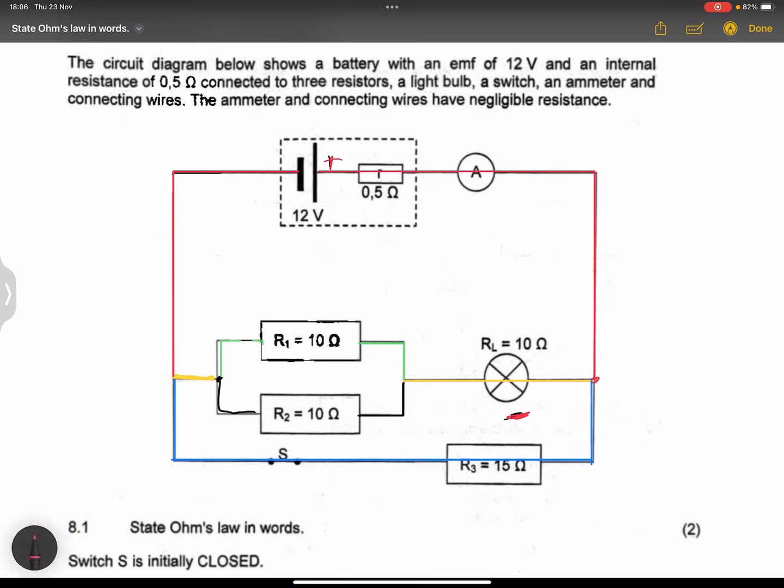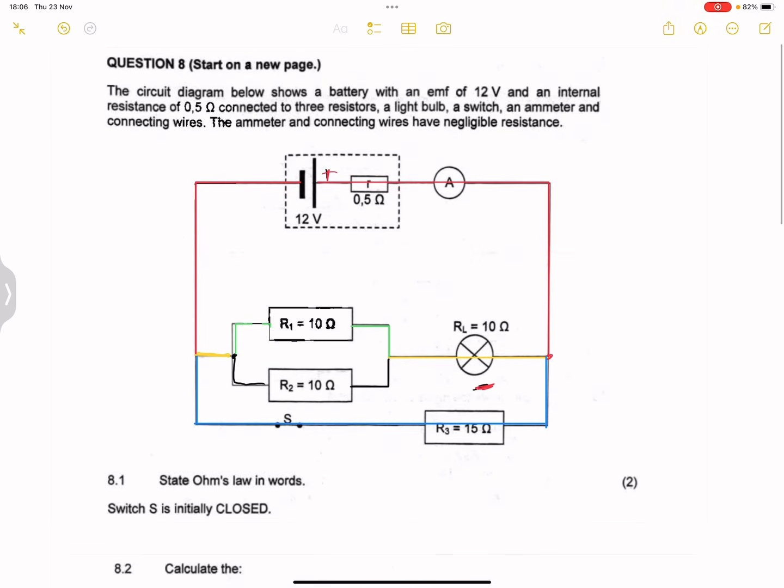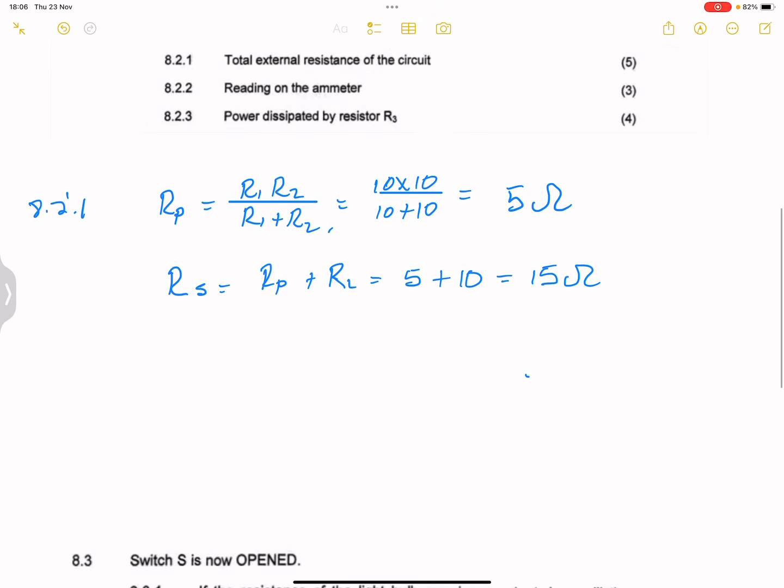I'm going to say a series would be RP plus RL, and so that would give me 5 plus 10, which would give me 15 ohms. But now that 15 ohm resistor is in parallel with R3, which is also 15 ohms.